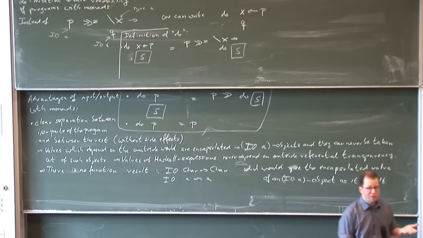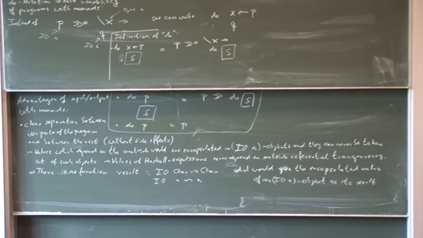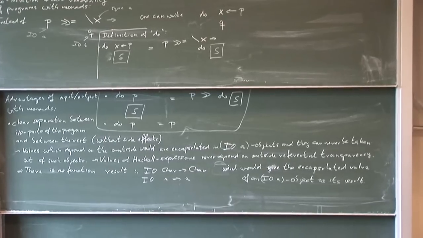So you can't write a function which first performs the action, read a character from the keyboard, and then gives back this character as its result.